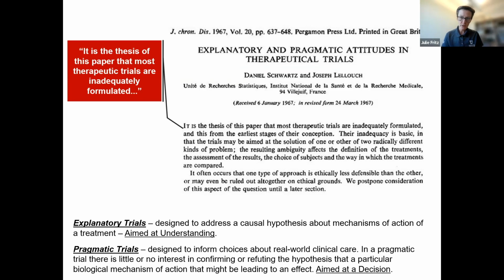And making the point that many trials already at this time were taking an explanatory attitude, that they were designed to specifically and narrowly address a causal hypothesis, often about mechanisms, and were not aimed at understanding clinical decisions and choices that occur in the real world of clinical care. And this is the domain of pragmatic trials.